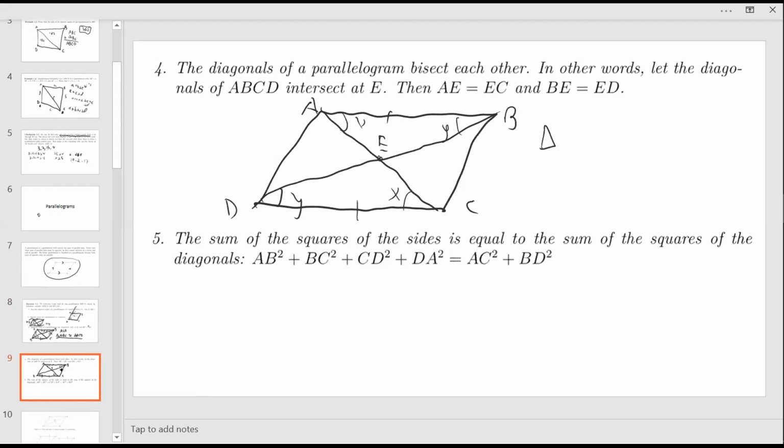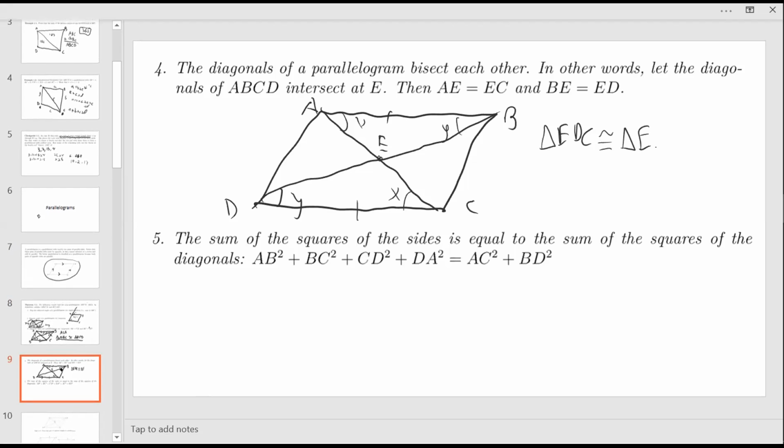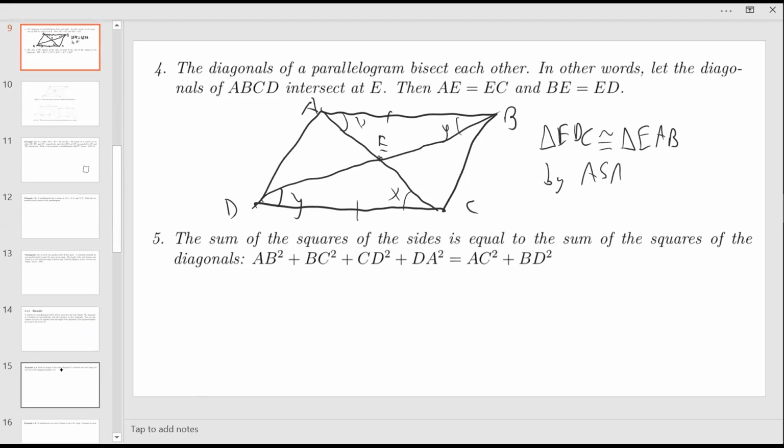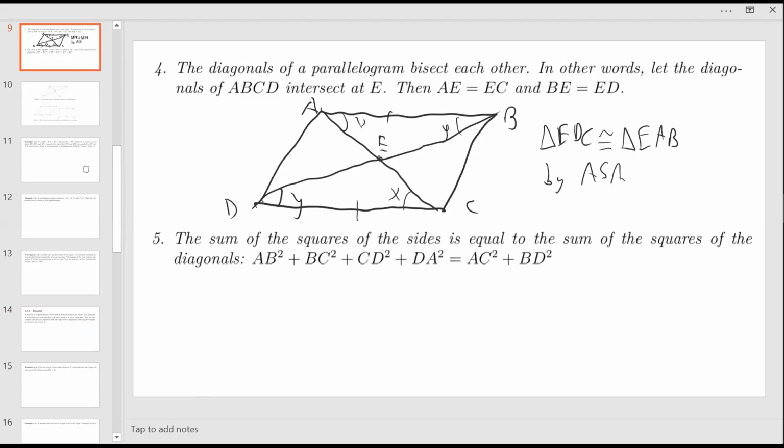So triangle EDC is congruent to triangle EAB by ASA, where the angles are Y and then this side and then X. Actually, if you want to be more precise, you can say EBA so that the sides are corresponding.